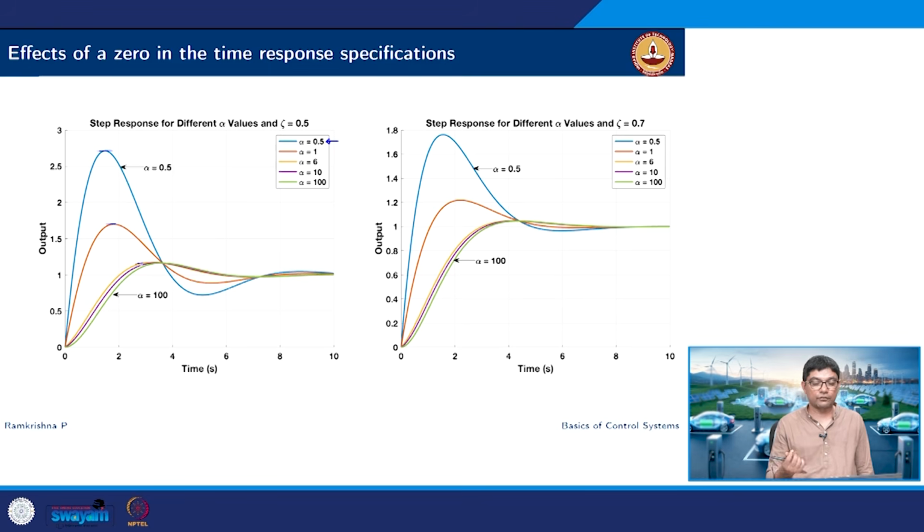So as alpha goes closer and closer to 0, we see a significant rise in the overshoot, even though the response is faster. Whenever we have overshoot and the overshoots increase, a good thing of that is that the response of the system is faster. And these are the same plots for different values of zeta.